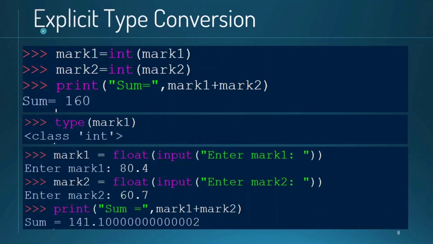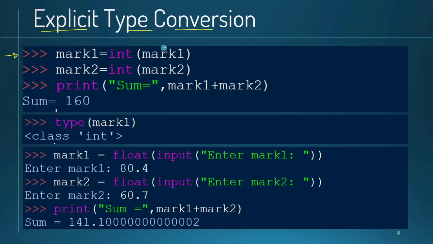Next we are going to study explicit type conversion, where we will write the code and force a string to convert to integer, or a float to integer, or an integer to string, right? So this is done inside the program code. I will write the corresponding function and force the variable to change the type. Here we have one such example.